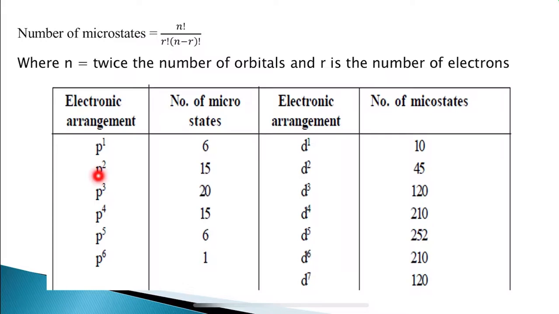This table gives the electronic arrangements, p1 p2 p3 p4 for the P system and d1 d2 d3 d4 for the D system, with the calculated number of microstates for the P and D subshells. I am going to stop here.